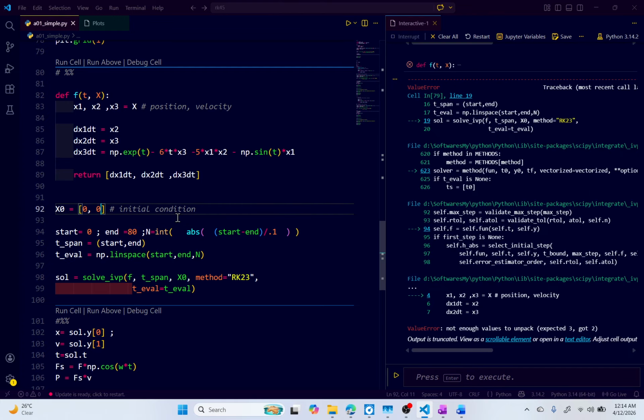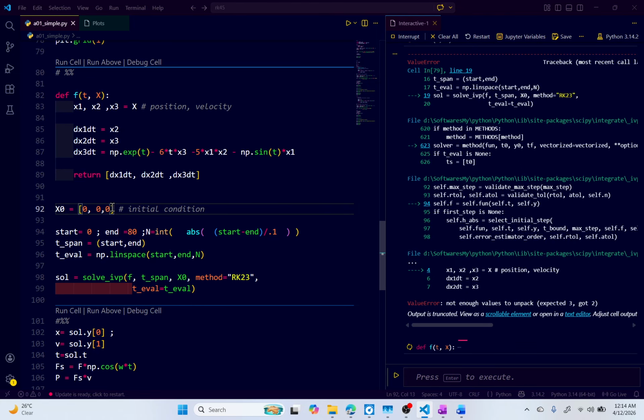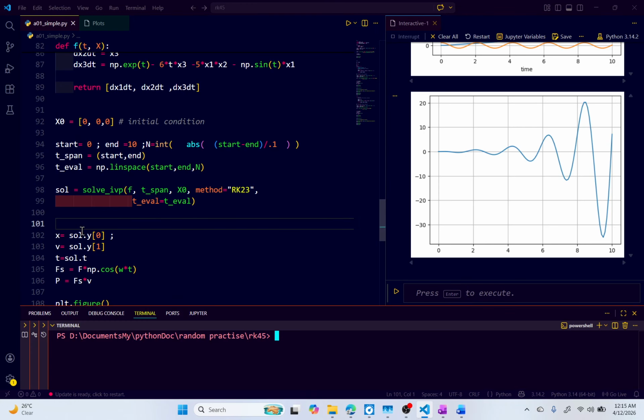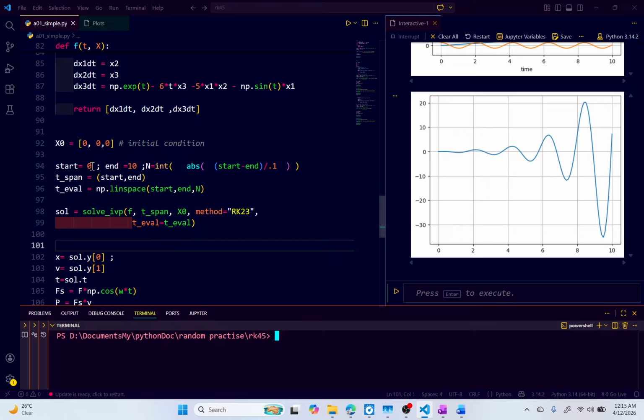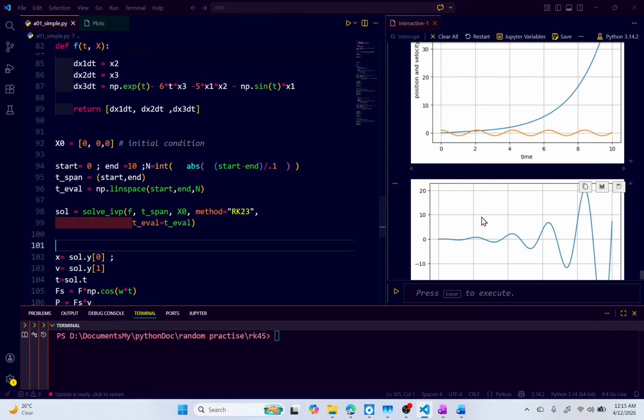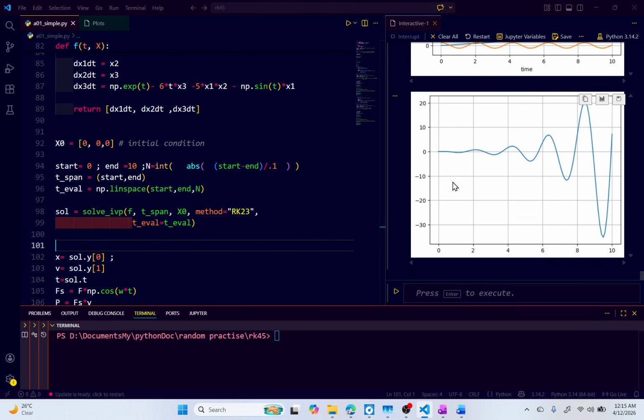So initial condition, so as there are 3 variables, let me give here another initial condition, 3 initial conditions for x1, x2 and x3. Now let's see. Oh, it's taking a lot of time. Okay, so I have reduced the time from 0 to 10 only, and then I have run this code and I have found this kind of result.